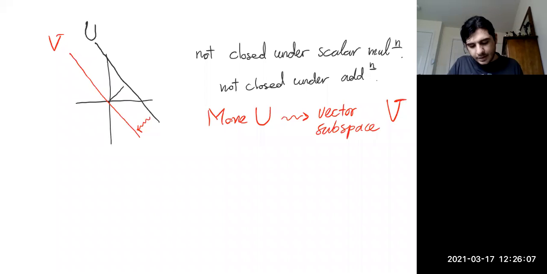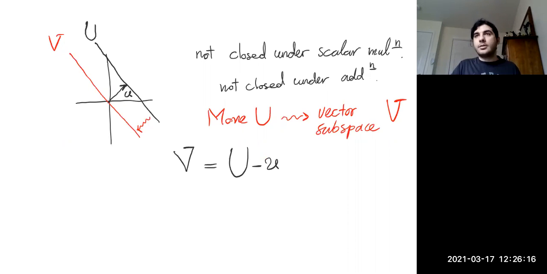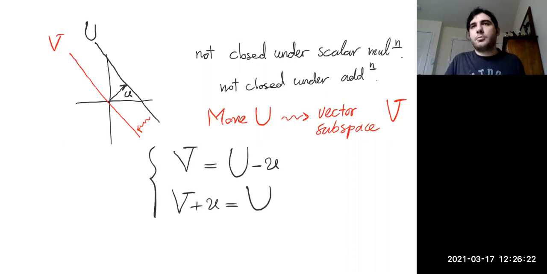If this vector here is small u, then U minus u is equal to V, or equivalently, V plus small u is capital U, right? Is that clear?